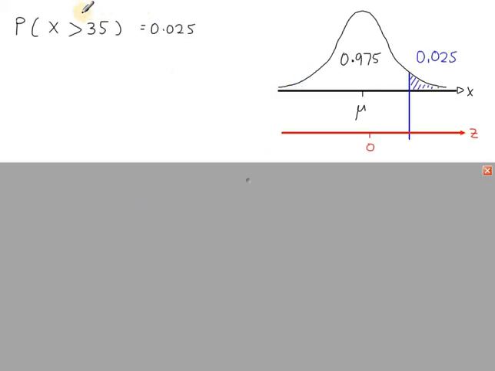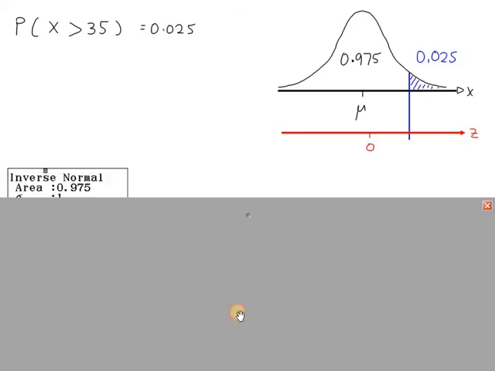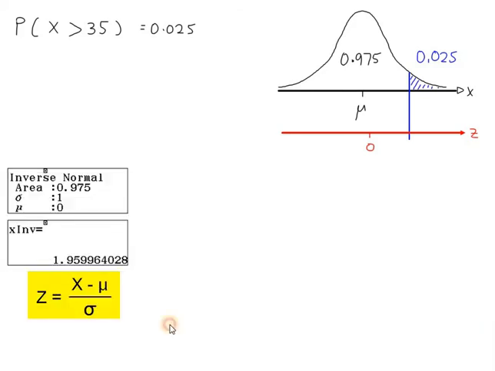So moving on to the second probability that's given, we're shading to the right an area of 0.025, and the cumulative probability up to this line would be 1 minus 0.025, which is 0.975. And then again we can put the values into the calculator.